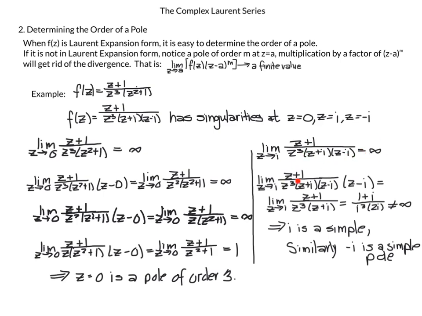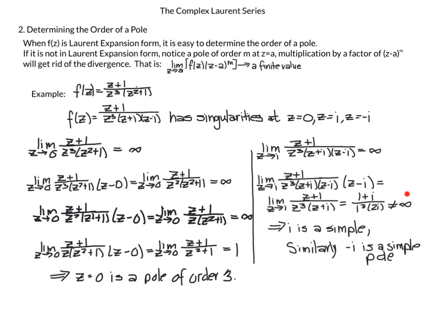We take our function then and multiply by a factor of z minus a, with a being I. So here we have z minus I. We look at the limit as we approach z equals I. So we'll have z plus I, z cubed, z plus I here. Our z minus I gets canceled out. So we have the limit as z approaches I of 1 plus I on top, our I cubed times 2I on bottom.